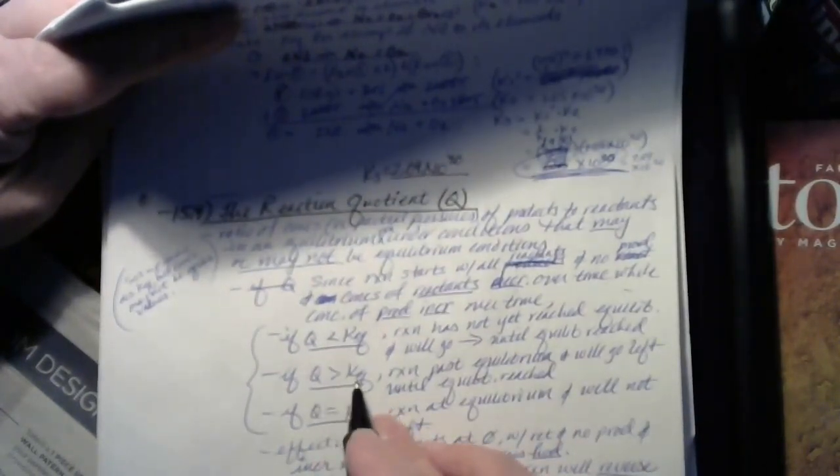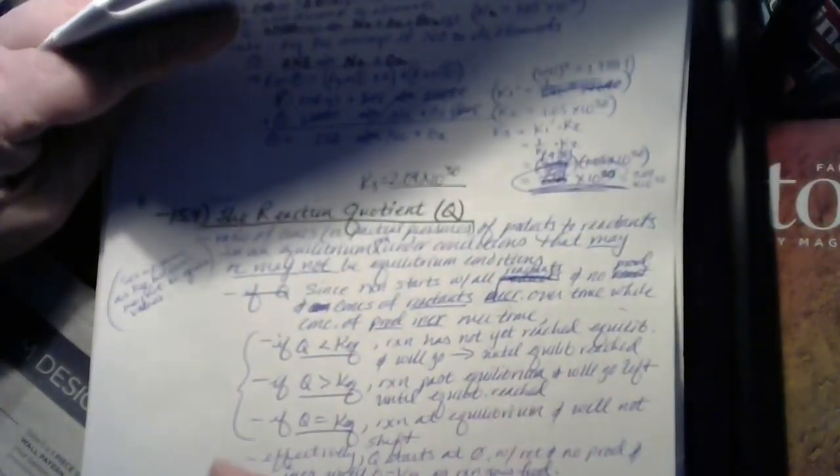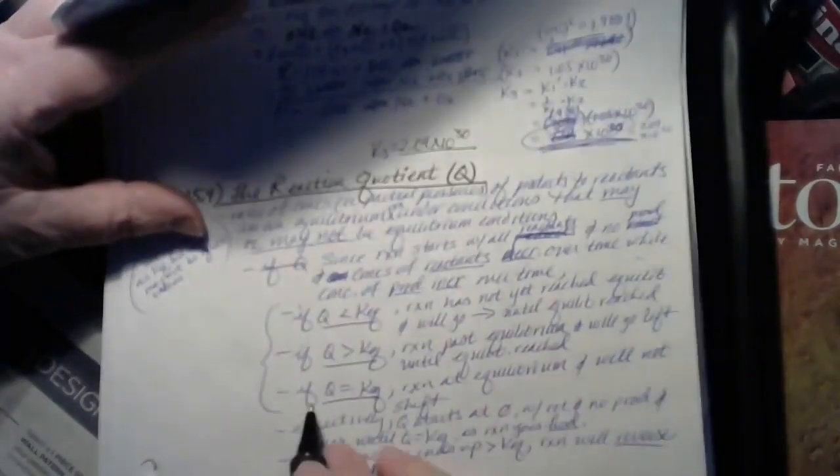If Q is greater than Keq, like maybe you started out with nothing but products, then that means the reaction has basically gone past equilibrium, and it will run backwards, or to the left, until equilibrium is reached. And then once equilibrium is reached, the concentrations won't change anymore. And if it turns out that Q is equal to Keq, then that means those concentrations that you put in actually were equilibrium values, and the system really is at equilibrium.